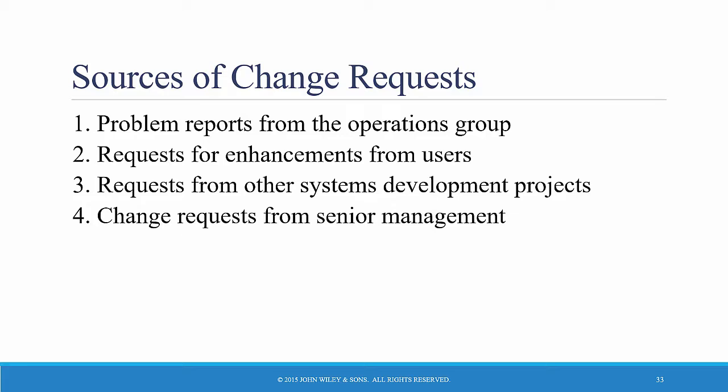There needs to be a systematic way to implement new changes to the system. And various people in the organization might request change: problem reports from the operations group, for example, requests for enhancements to the system from users, requests from other system development projects, or change requests from senior management.